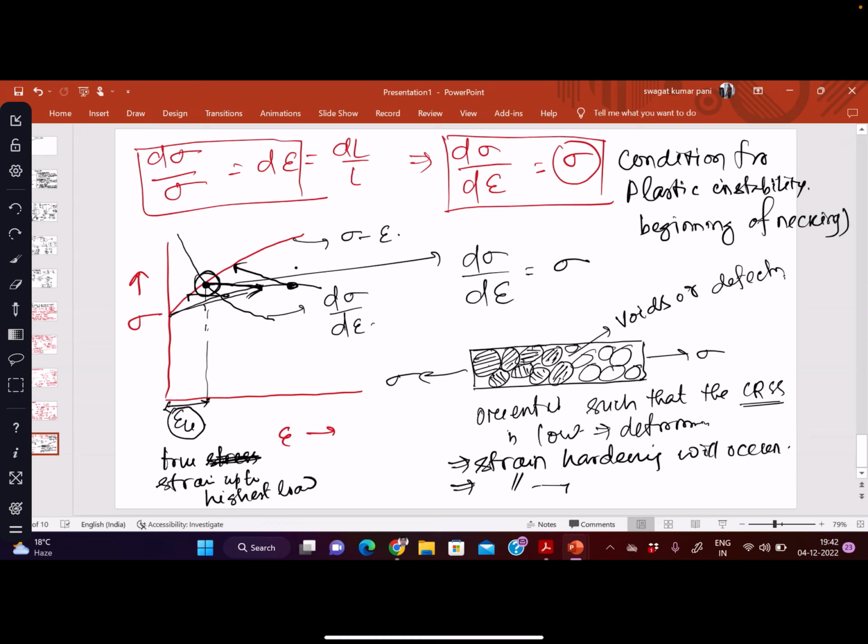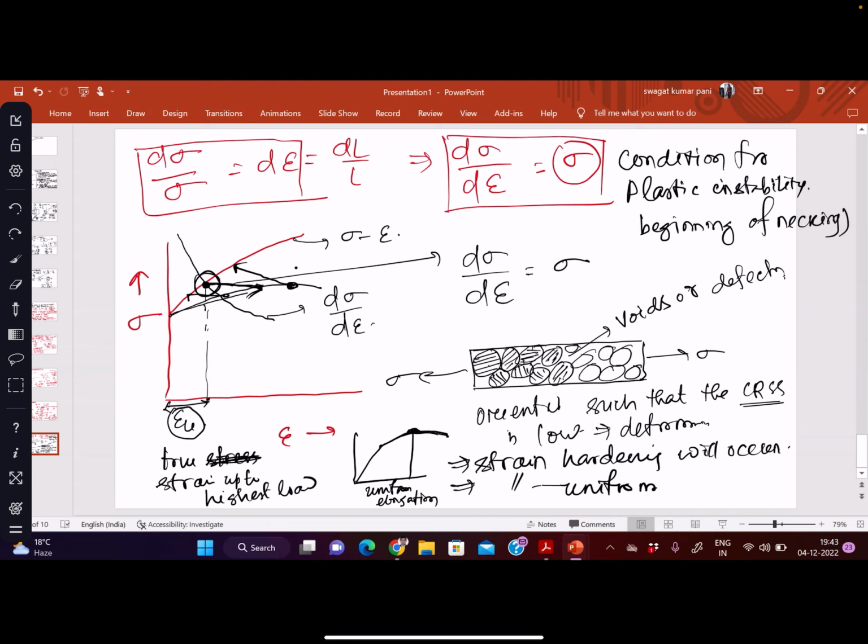So this is how uniform deformation takes place, the uniform elongation that we talk about. I hope you know that uniform deformation is valid only up to the maximum point, where necking starts. In the engineering stress strain curve, up to the highest point, uniform elongation is valid.